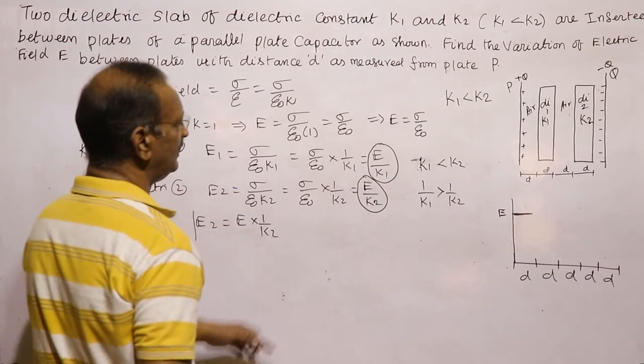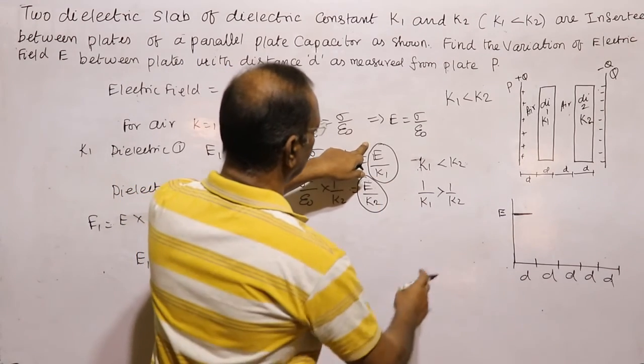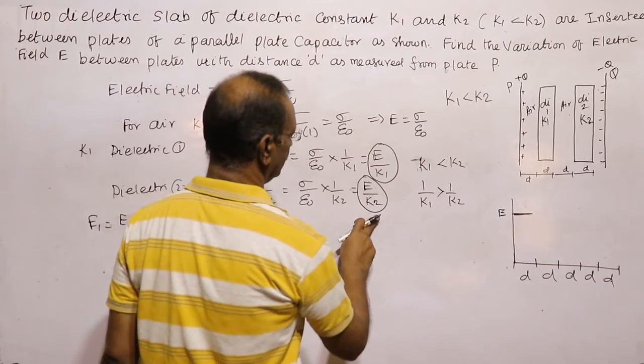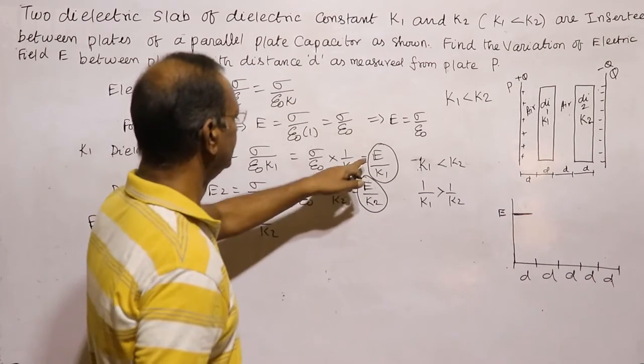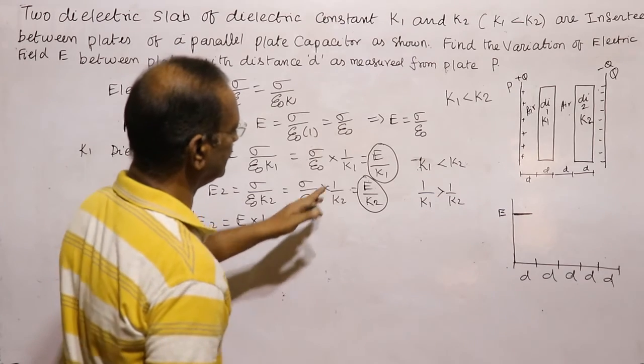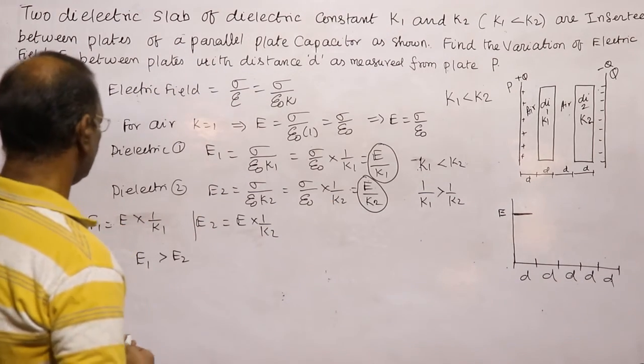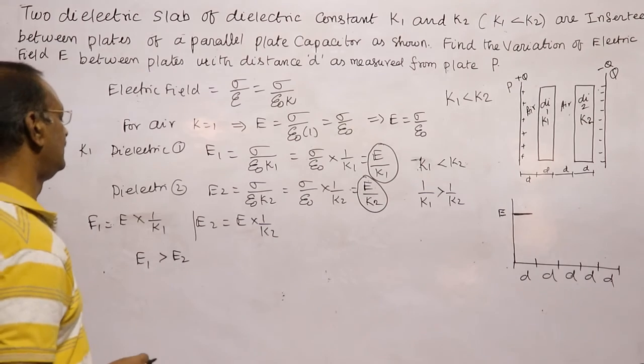It means it will be less. Electric field in the air divided by the dielectric constant, so E1 and E2 will certainly be less than E. And E1 is greater than E2.